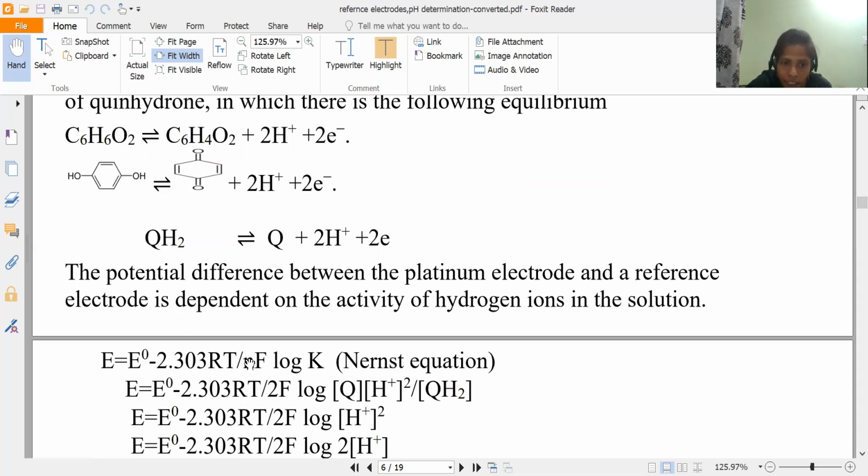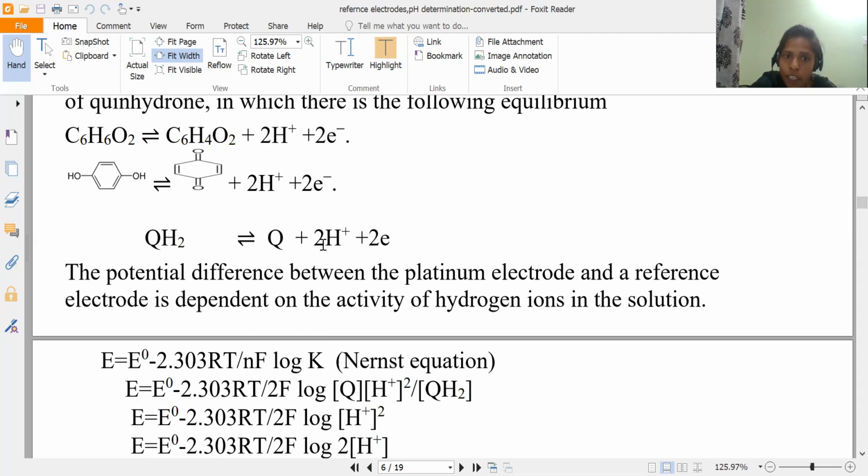Now we need to get the n value and the K value. What is n in this reaction? In this reaction, n, the number of electrons, is 2, and K is the products concentration divided by the reactants concentration. What are the products here?